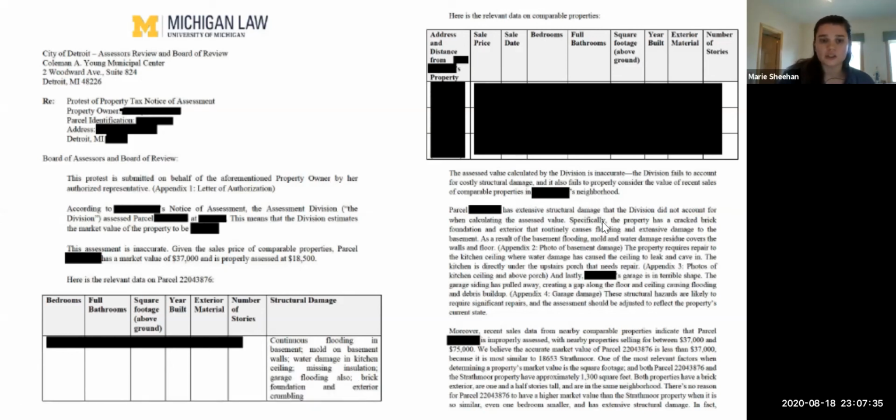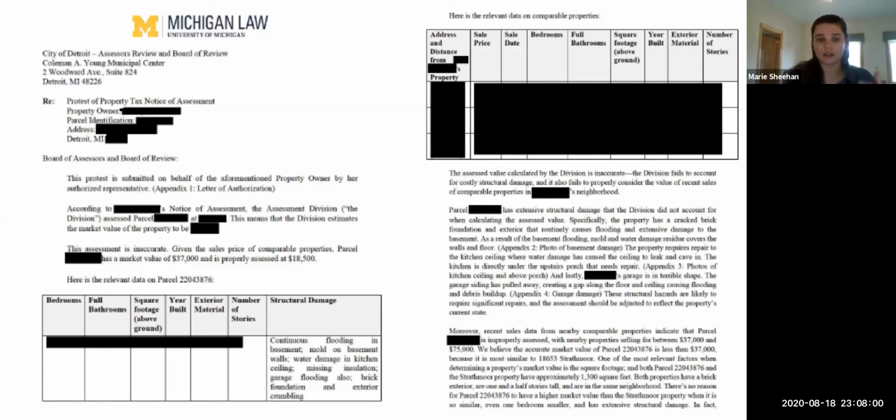So just think about the amount of work if you had to figure out this whole system and only had 4 days to put this together and had to get photos, and then sometimes you can also include an estimate of repair. So going out and getting a contractor to come to your home and make an estimate, just to get all of this done in a week is not really feasible.